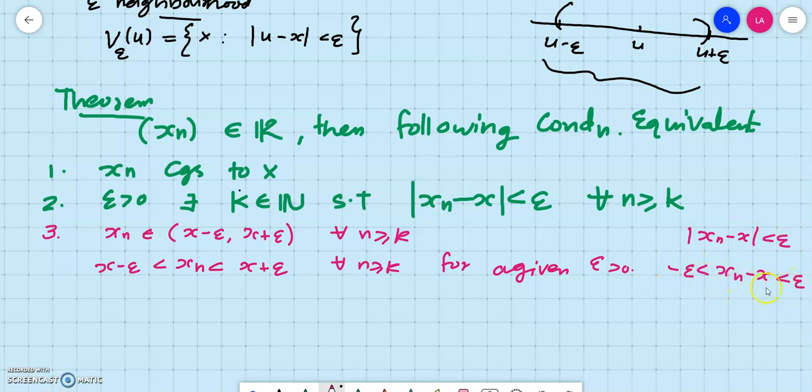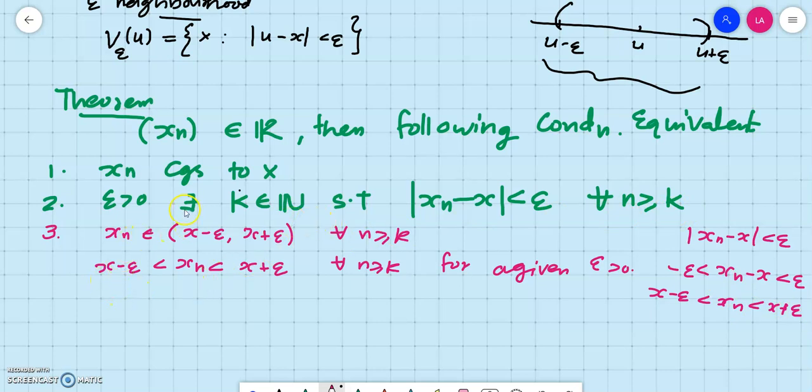Now we add x to both sides, and we get x minus epsilon less than xn less than x plus epsilon. So modulus of xn minus x less than epsilon is equivalent to saying that x minus epsilon is less than xn less than x plus epsilon for all n greater than or equal to k. That is what we have established.